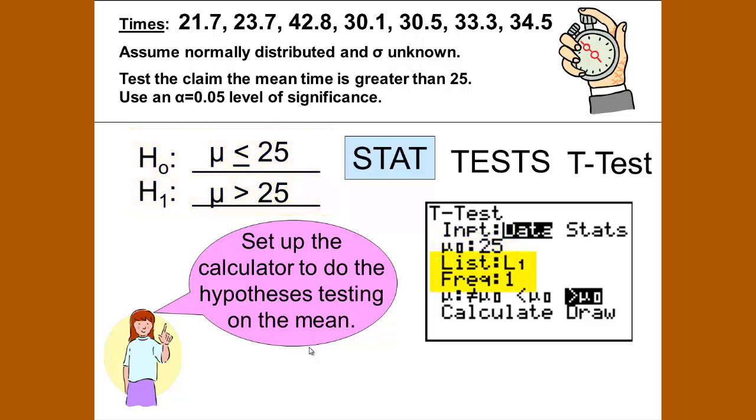The list is where we typed in our data. In our case, I told you to put it into list 1. Frequency is the next, and we don't have a frequency, so we also leave that as 1. Mu with the 2 dots asks us to determine whether we're testing for not equal to, less than, or greater than.